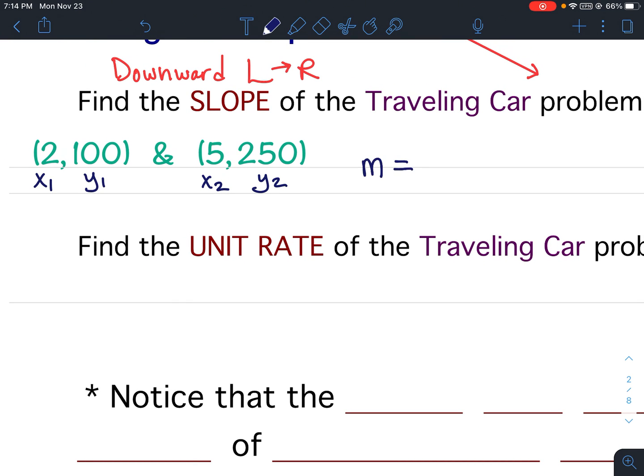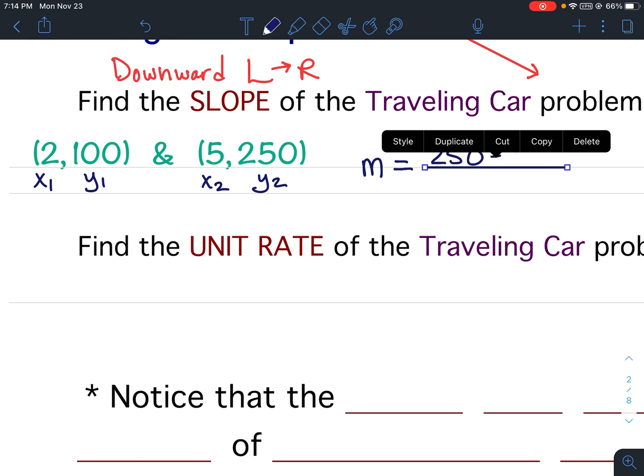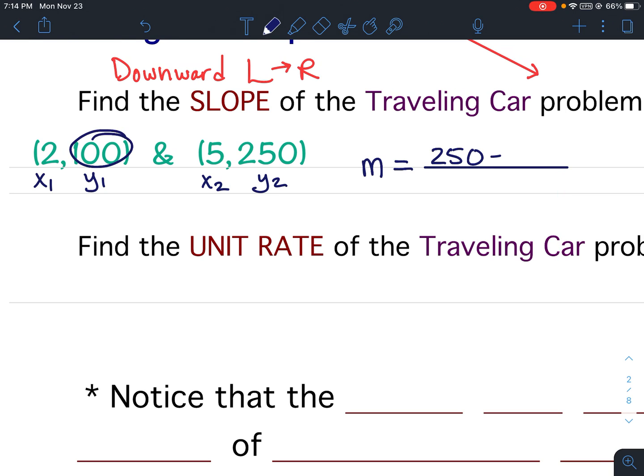So slope equals y2, which is 250, minus y1, which is 100, over x2, which is 5, minus x1, which is 2.